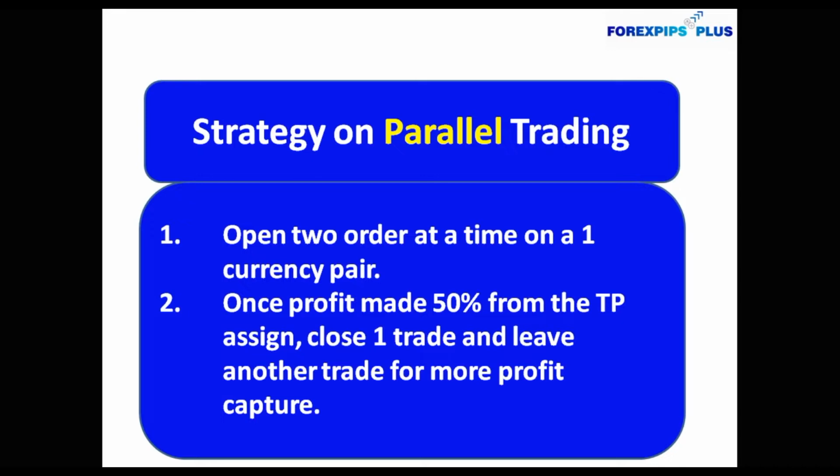Okay, so that's the first strategy. Number 2 strategy: once the trade is in profit, with the two trades both in buy and you take it half and half, the moment it profits about 50% of your TP, let's say your TP is about 50 pips, so 25 pips, the moment it reaches 25 pips, what you're going to do is close one of the trades, which is earning 25 pips, and leave the other trade so that it will profit more.